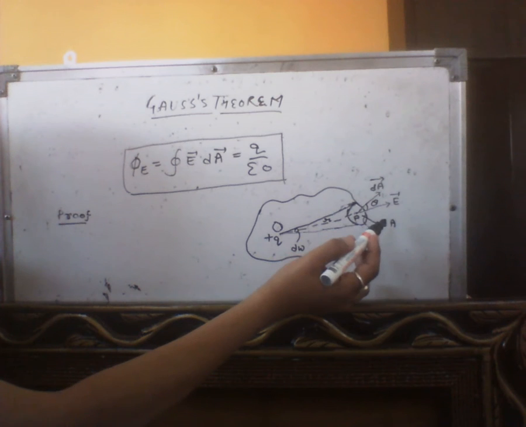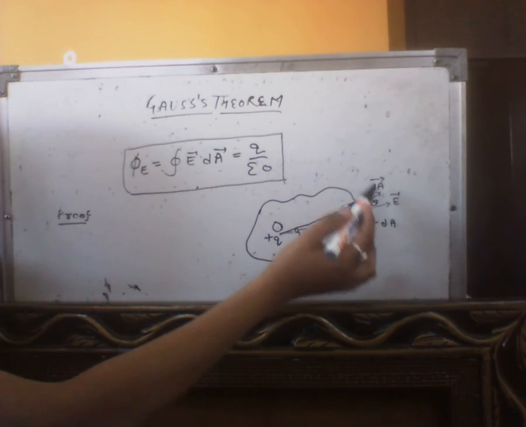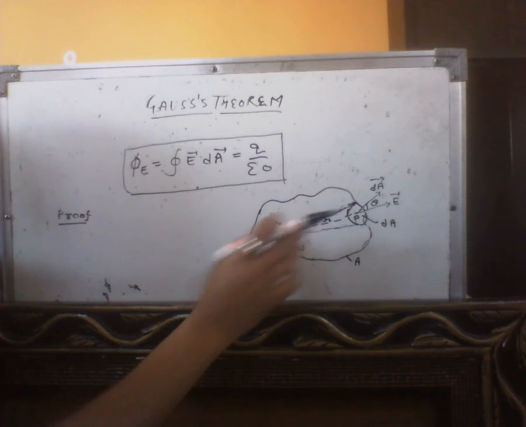Suppose that the electric field vector makes an angle theta with the area vector here.